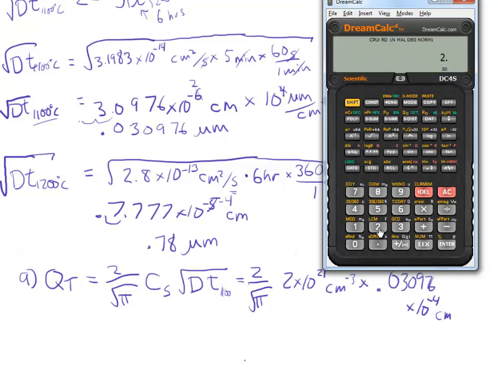Okay, so 2 divided by the square root of pi times 2 e to the 21 times 0.03097 e to the minus 4, and enter that, and I get 6.99 times 10 to the, let's see how many of these there are. So there's 3, 6, 9, 12, 15. So 6.99 times 10 to the 15th power.